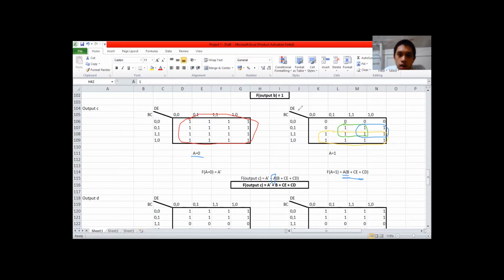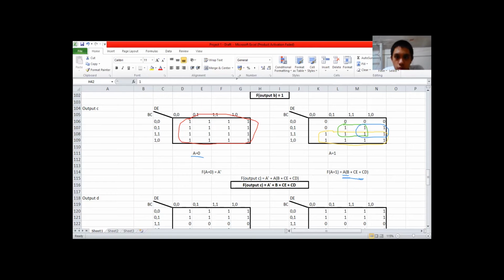Therefore, what we are left here is a simpler logic function for the output C, which is A prime OR B OR CE OR CD. So this is the logic function for output C.